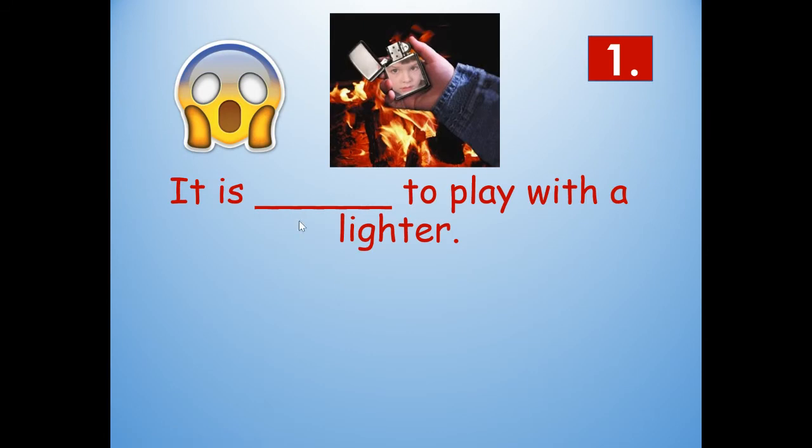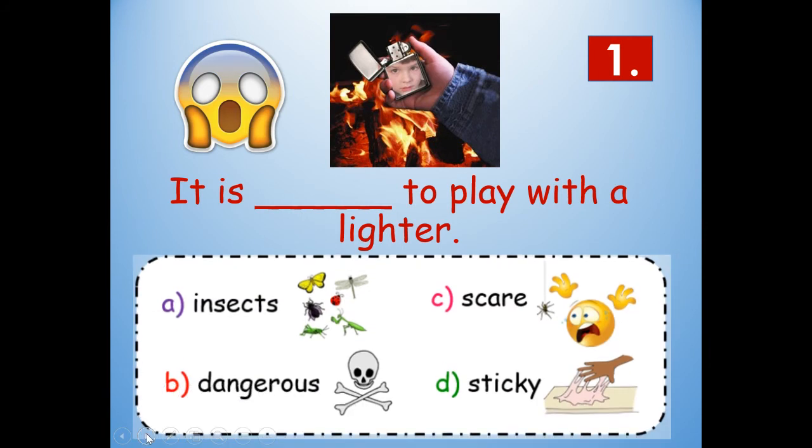So number 1. It is blank to play with a lighter. It is insects to play with a lighter. It is dangerous to play with a lighter. It is scare to play with a lighter, or it is sticky to play with a lighter. What makes the best sense in that sentence?